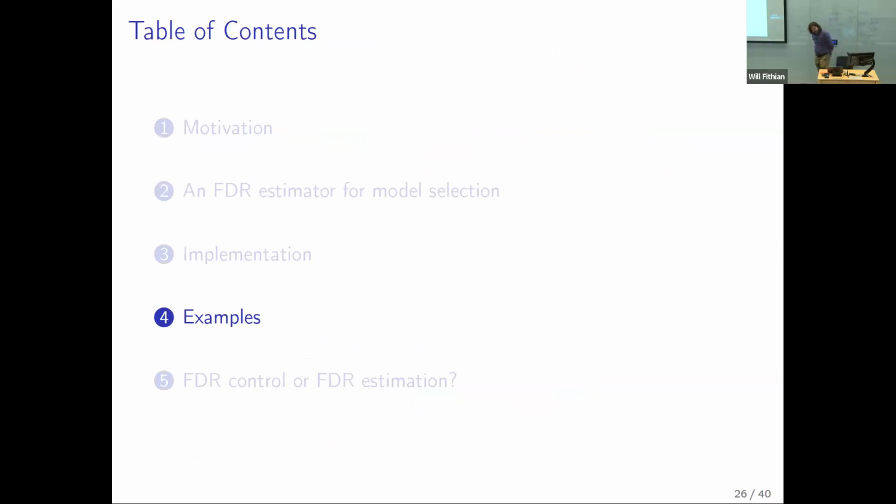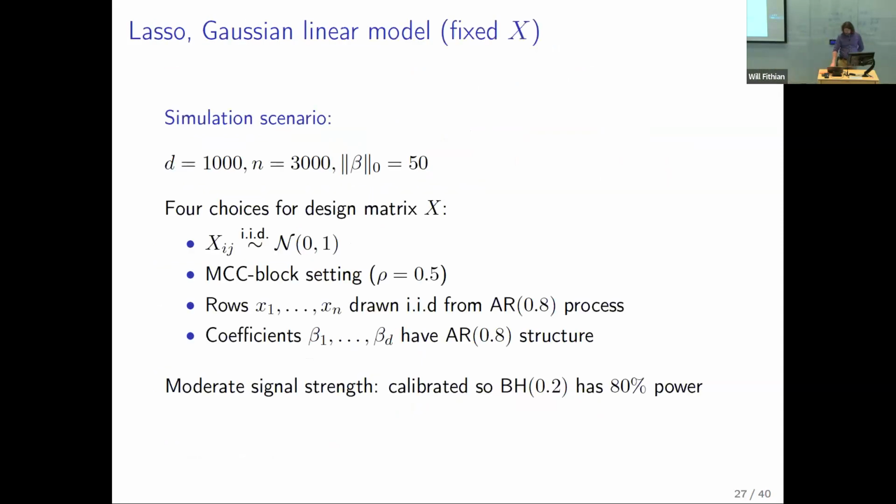Okay. So now we're going to examples. First, this is lasso in the Gaussian linear model, and I'll show you some simulations. Here we have 3,000 data points, 1,000 variables, 15 non-null.